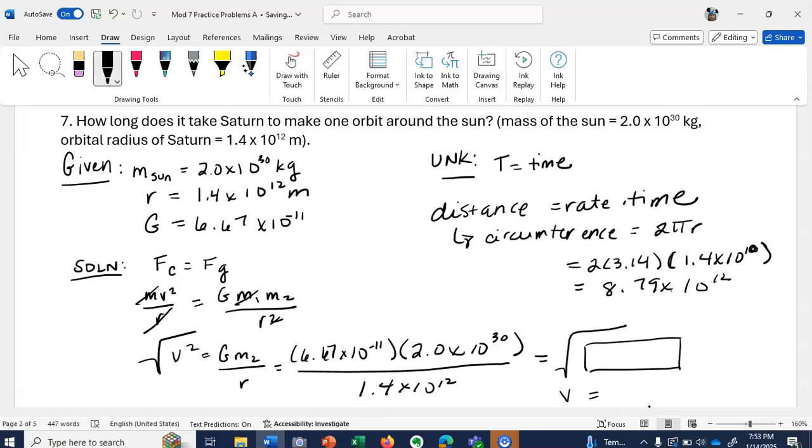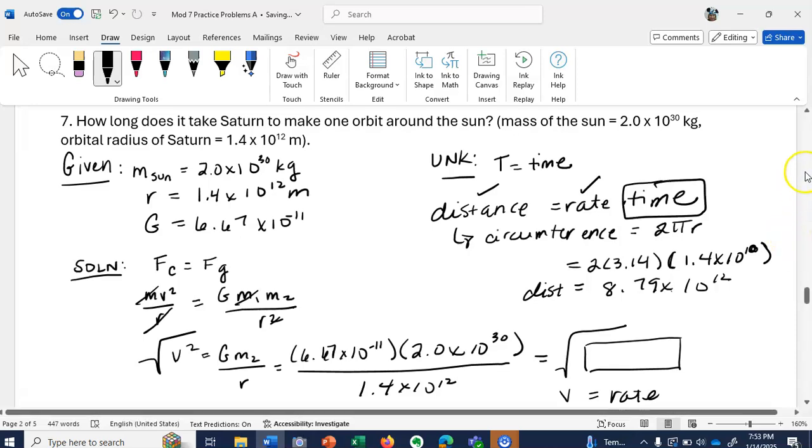Then you're going to plug this back in. We need to find time. So this is our distance, this is our velocity, equal to our rate, and you're going to solve for time. Let me know if you have any questions on that one.